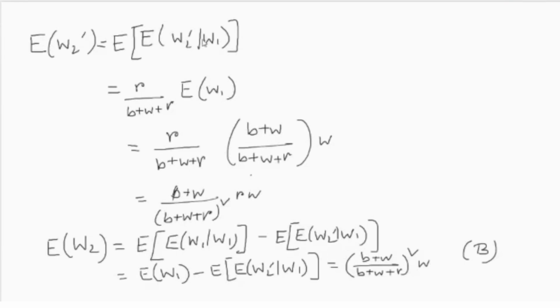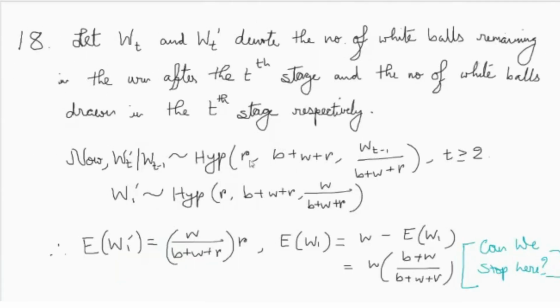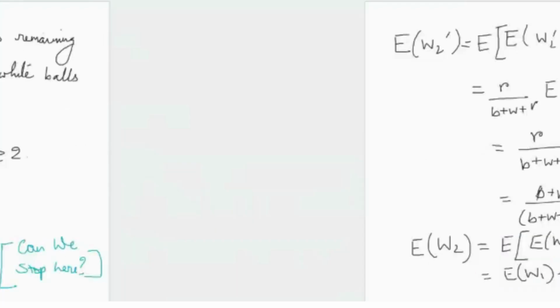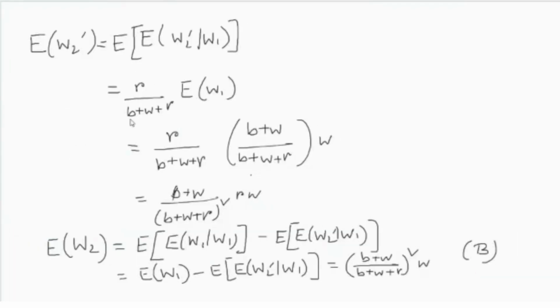So W2 dash given W1 from here follows an (r, b plus w plus r, W1 by b plus w plus r) distribution. So its expectation is obviously r into W1 by b plus w plus r. This constant part just comes outside, and this expectation of W1 we need to compute, and we have already computed that.